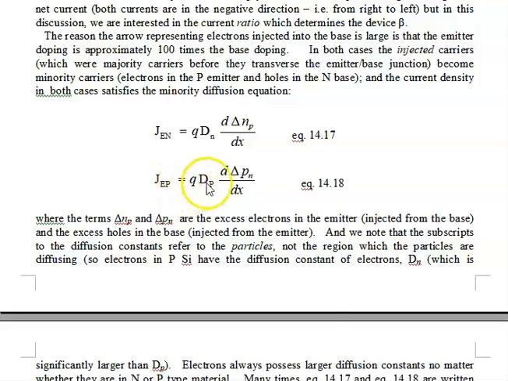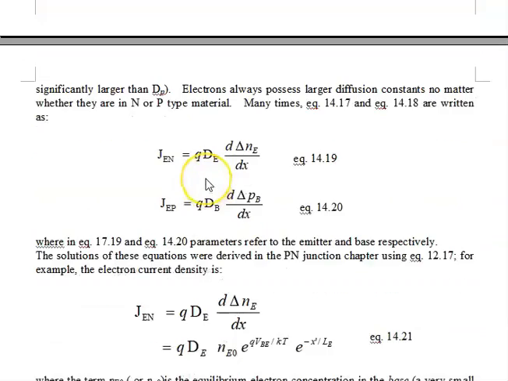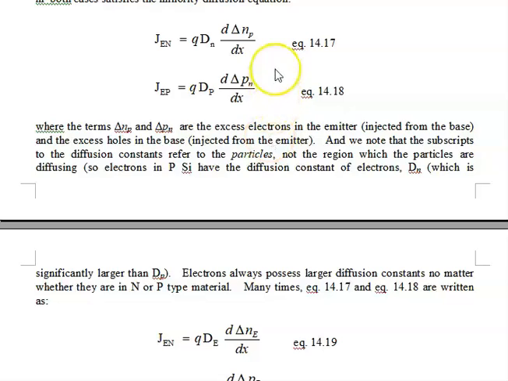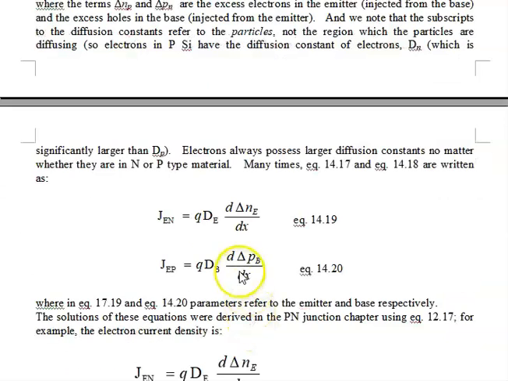And generally, to make it more indicative of the fact that PNP and NPNs are kind of kissing cousins, instead of saying N sub P, we say N sub E, which is the number of charge in the emitter. Here's the excess concentration in the base. So again, this is the big one, and this is about 100 times less than that.